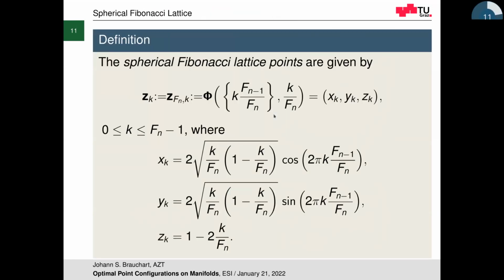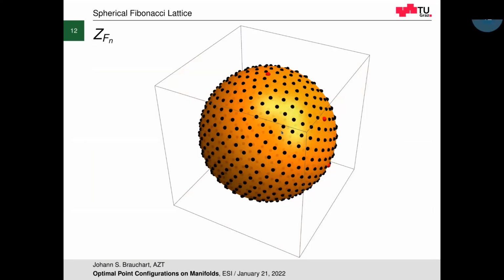So here are the expressions we get for the coordinates of the spherical Fibonacci lattice points. And then we collect those points into a set, which is the spherical Fibonacci lattice point set on the unit sphere. Here you see an illustration of what happens to the points we have seen before.